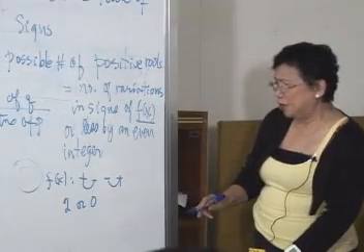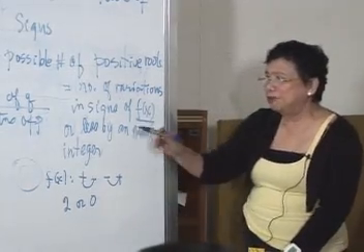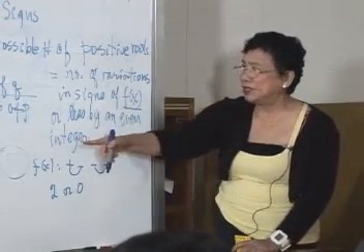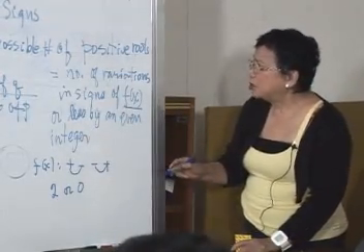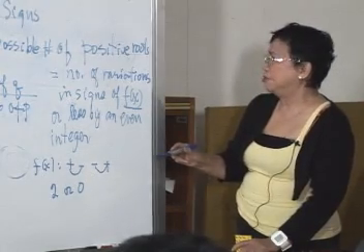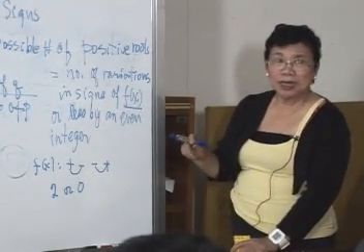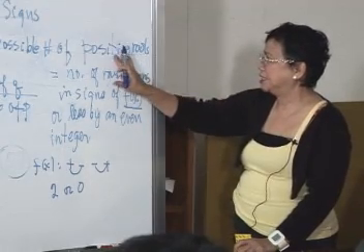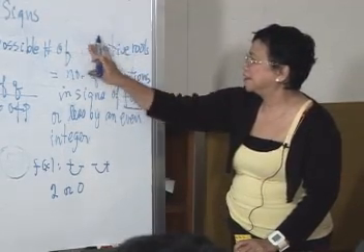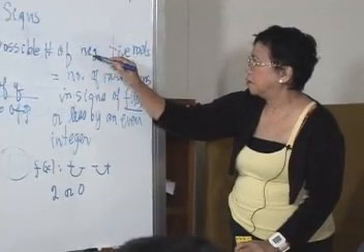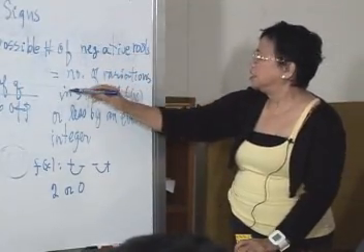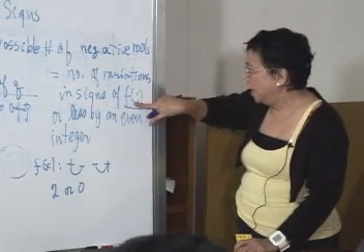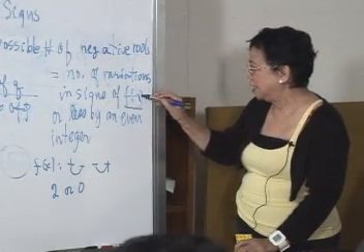Therefore, we still have to try the positive roots by trial and error. Now, how about the possible number of negative roots? To find the possible number of negative roots, it is equal to the number of variations in signs of f of minus x.